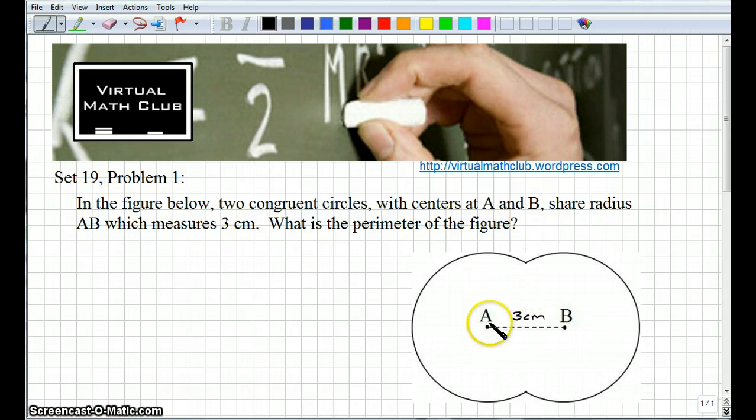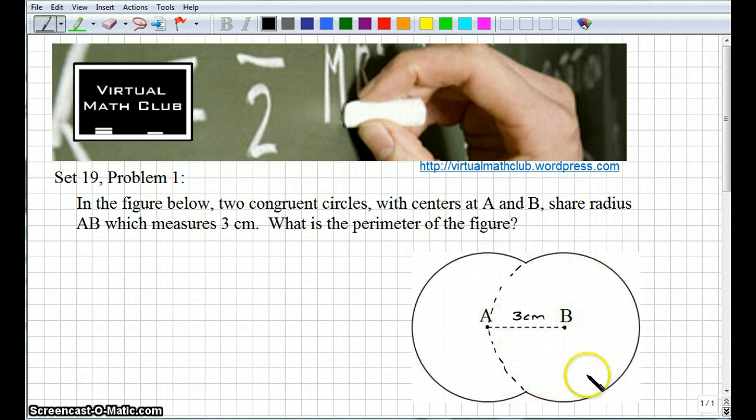I'm actually going to draw in the rest of these two circles. I'm going to draw a dashed line here, try to make it curved so that you can see what we're dealing with. It's a little easier to see this way.